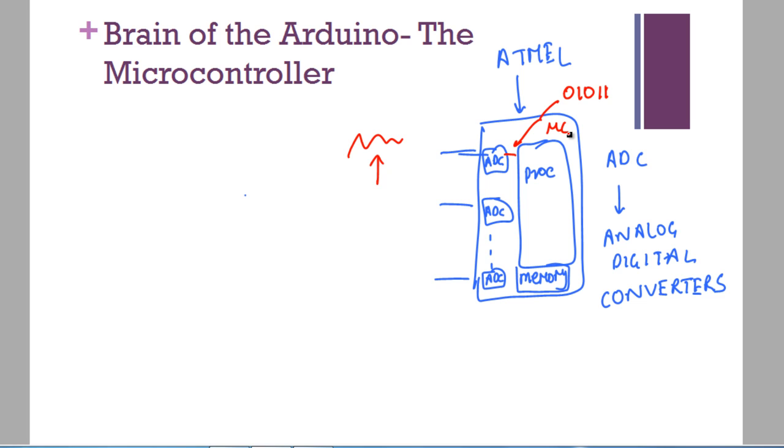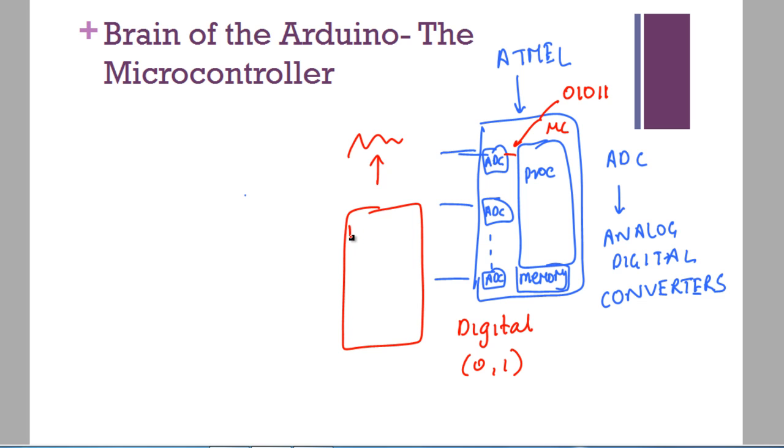So that takes me on to my next point, that is, how do I talk to this microcontroller? The microcontroller, as we know, speaks the language of digital, that is zeros and ones. It understands something called an instruction set, or a set of fixed digital instructions.